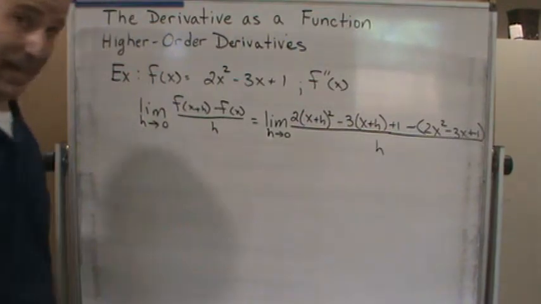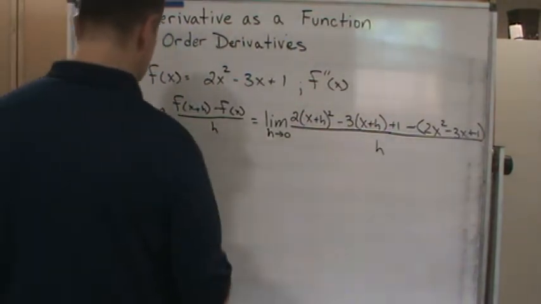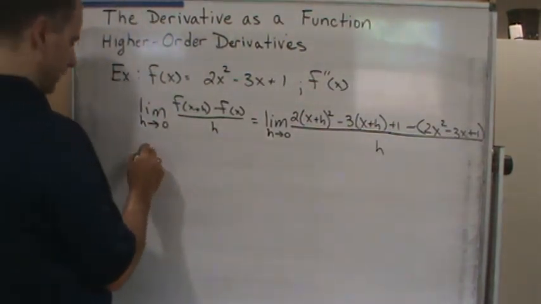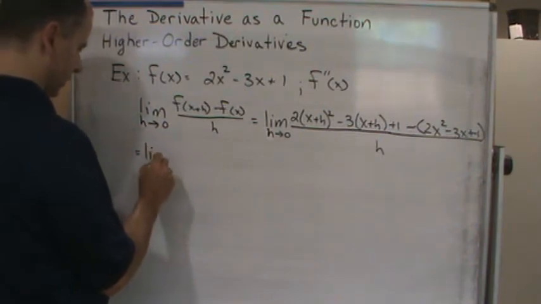Now, what's going to happen again is things are going to cancel out, and you'll be able to factor out an h and cancel the h in the bottom. So this is going to equal the limit as h approaches 0.